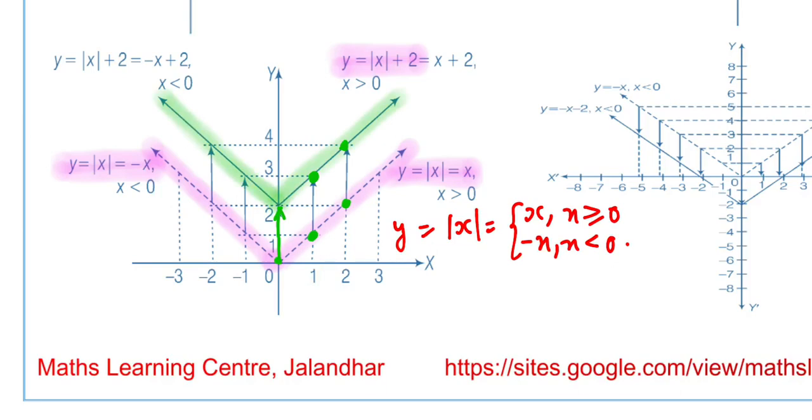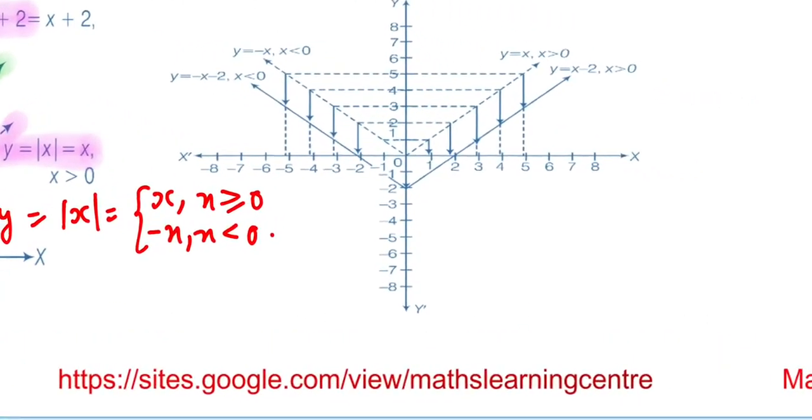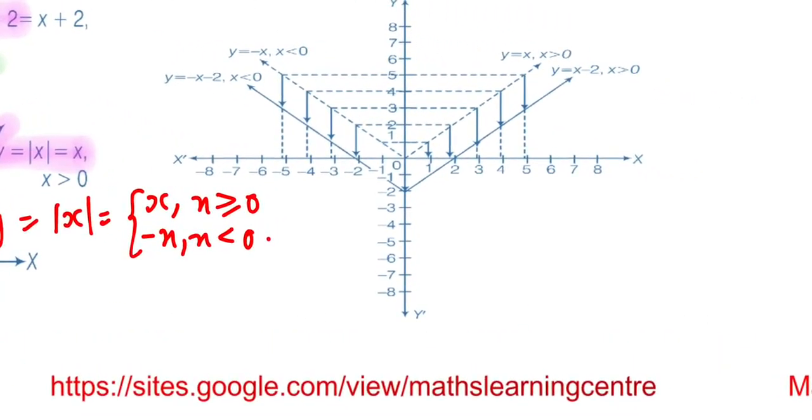Similarly, if we have to plot the graph of the function y is equal to mod of x minus 2, this is the graph of y is equal to mod x. We have to plot the graph of y is equal to mod of x minus 2. So every point will be shifted 2 units downward.